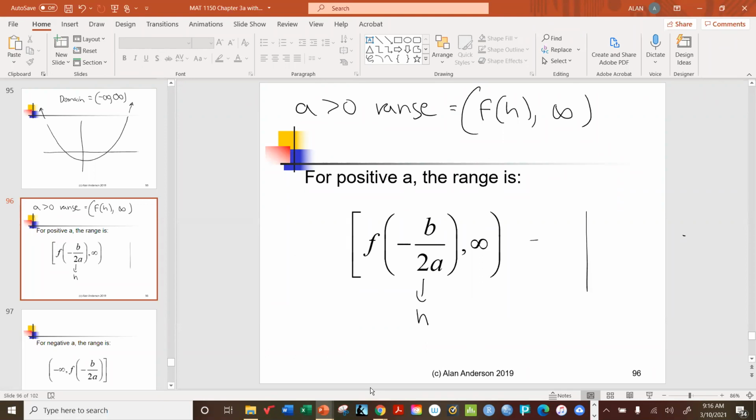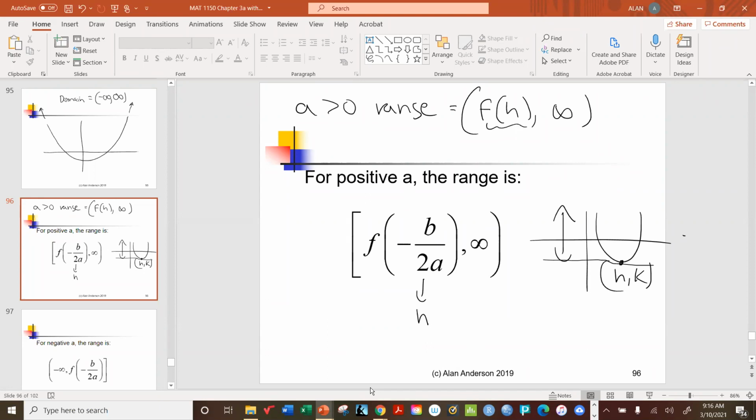And all that means is that, remember, this is your H right here. It means that Y can't go below this point.